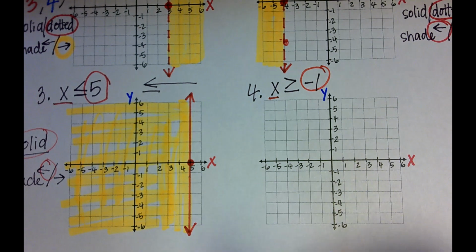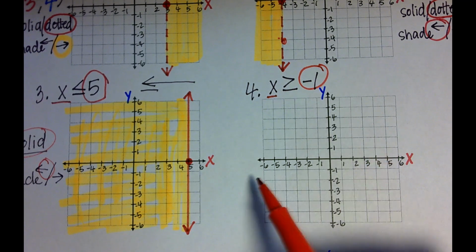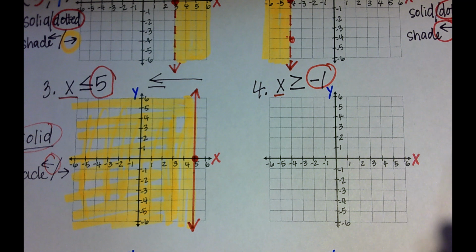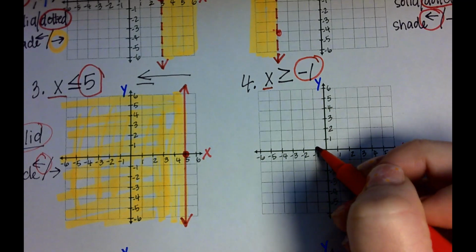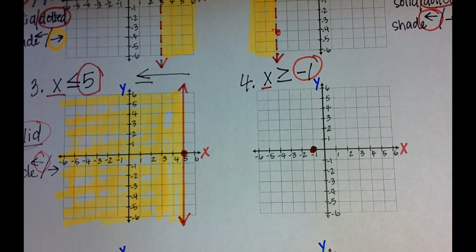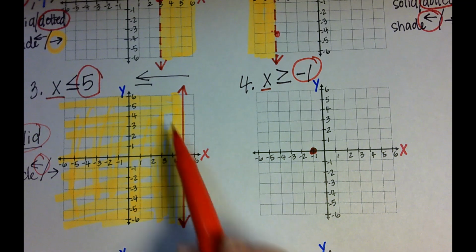So am I going to find that going up and down or left to right? Left to right. Good. My x-axis goes left to right. So here's my -1. And what does an x equals line look like? Up and down. Straight up and down. Good. We're just going to make a line going up and down.